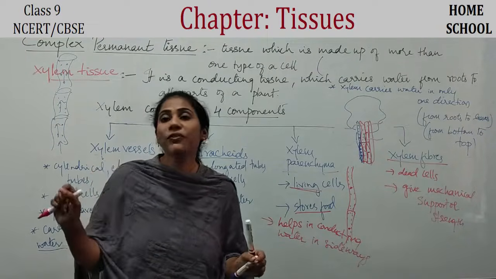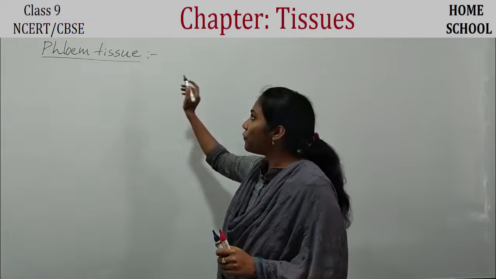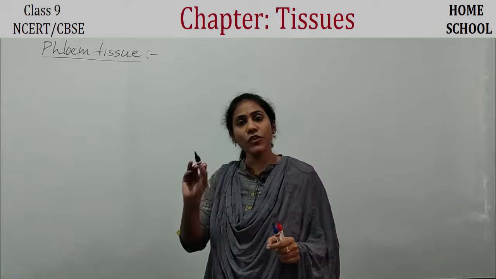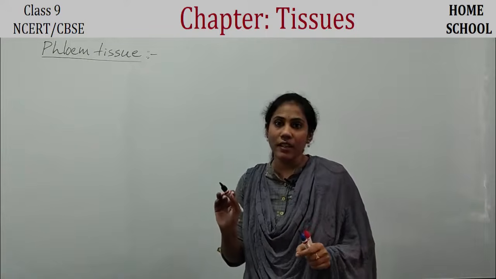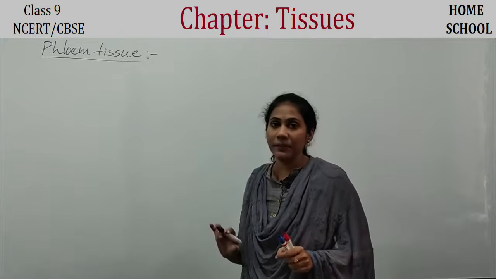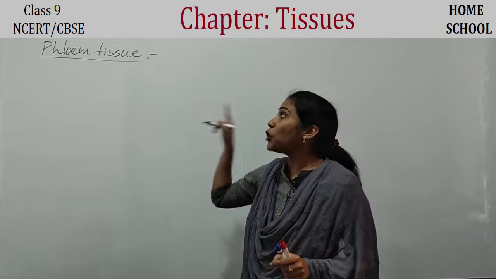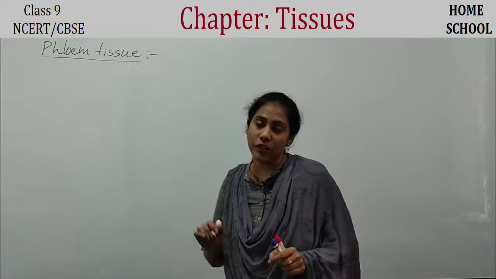We will move towards the phloem. Coming to phloem tissue. Phloem tissue also has 4 different cells, the components of which we have to learn. Before that, let us study what job is done by phloem tissue.